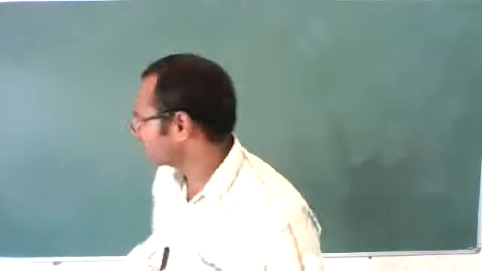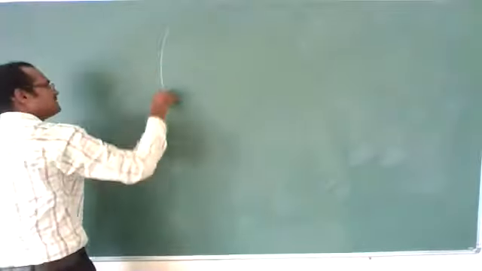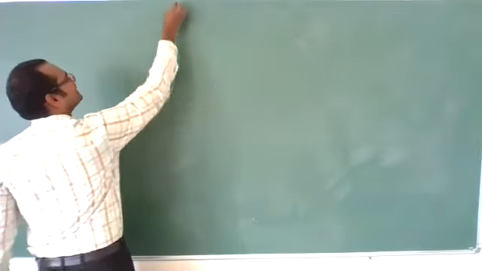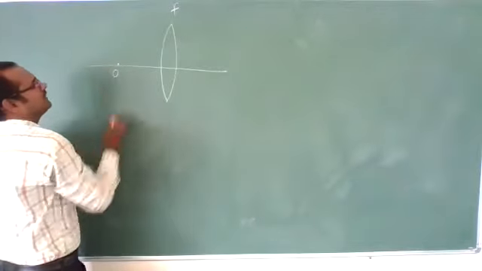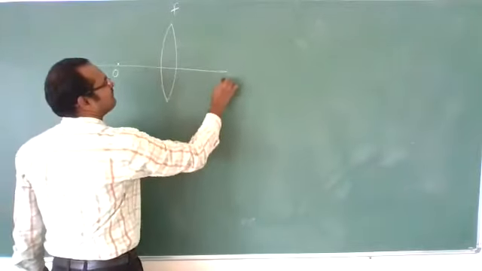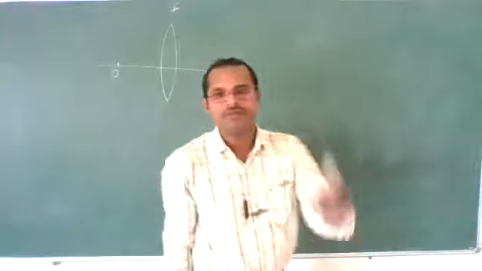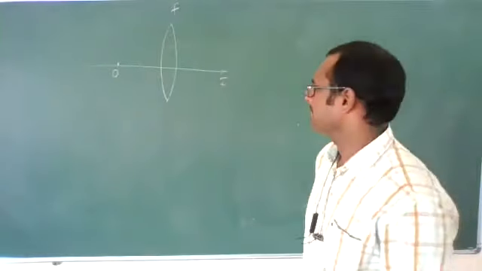Okay. Next, one more point about this lens. See, a lens is here whose focal length is f. Here an object is placed. Due to this object, here an image will form. How many images will form? One image will form. Clear?